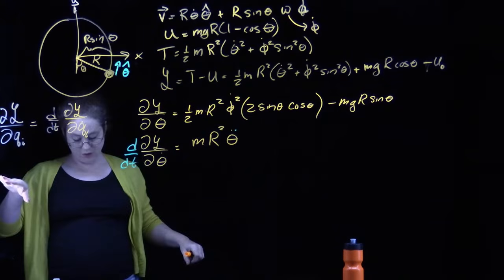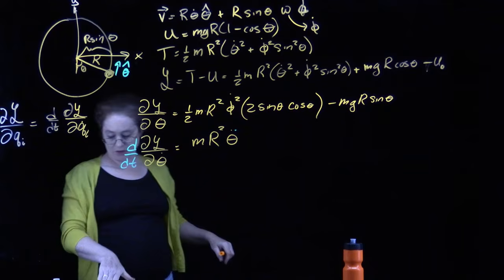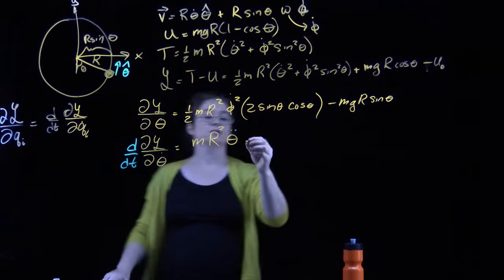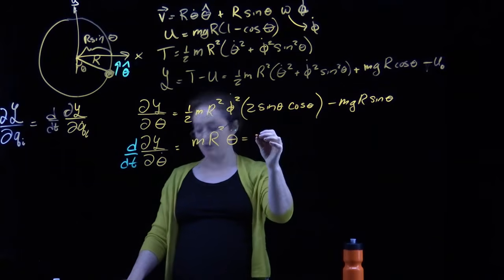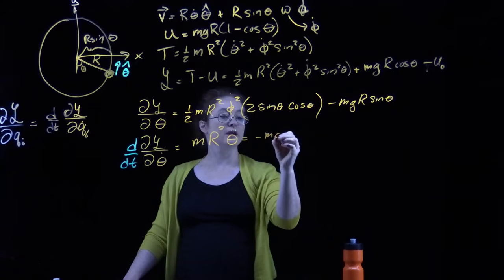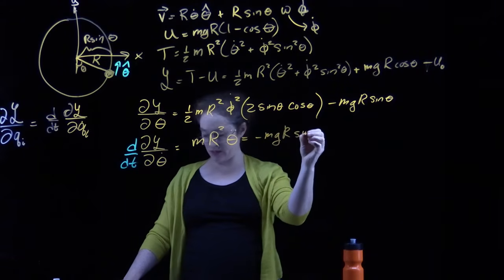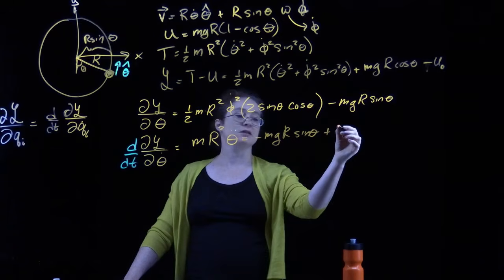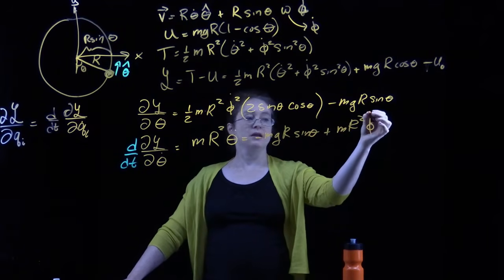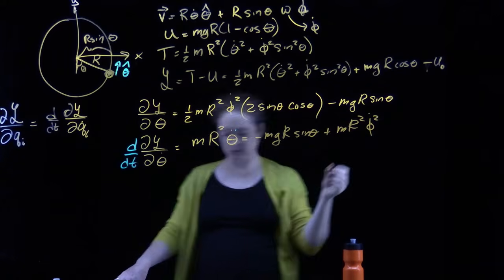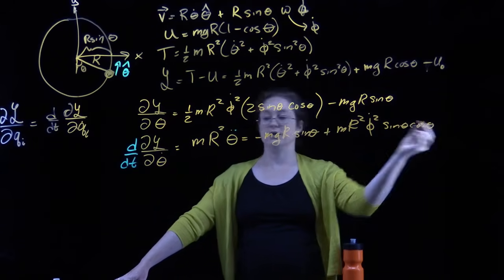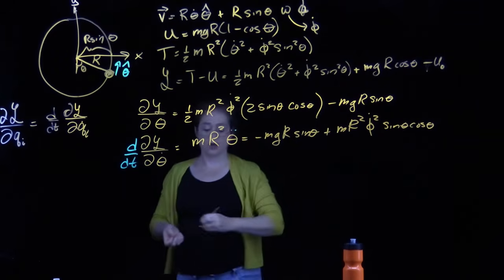So my equation here, this has to equal that. So here I have a negative mgr sine theta plus mr squared phi dot squared sine theta cosine theta.